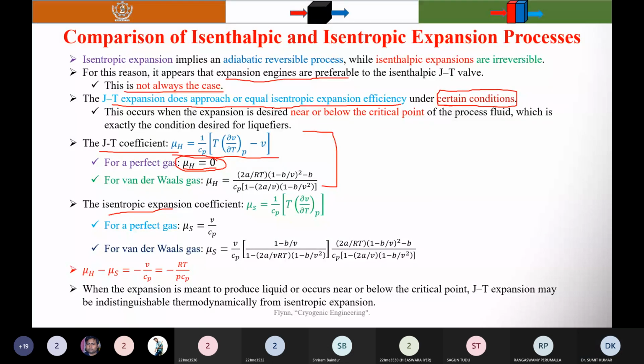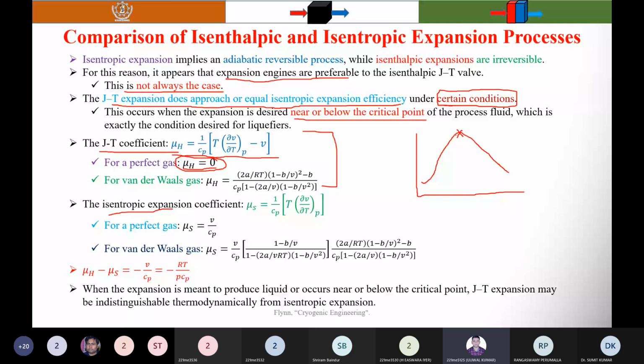Under which conditions does JT expansion approach or equal isentropic expansion? I have written that this occurs when the expansion is desired near or below the critical point. What is the critical point? If you remember the TS diagram, where the saturated liquid line and the saturated vapor line meet, latent heat is 0.